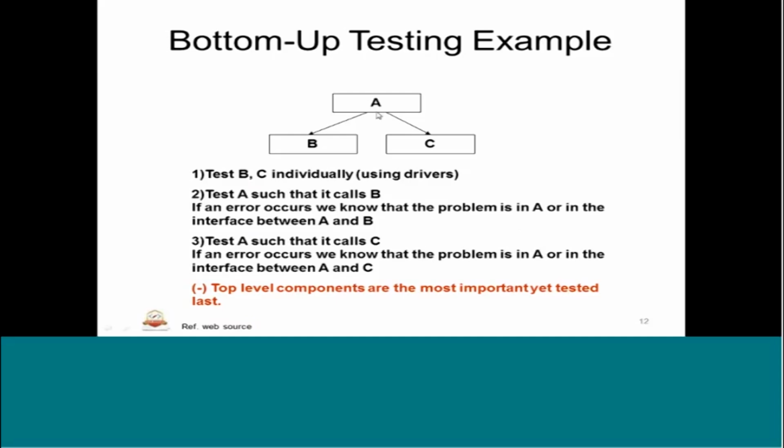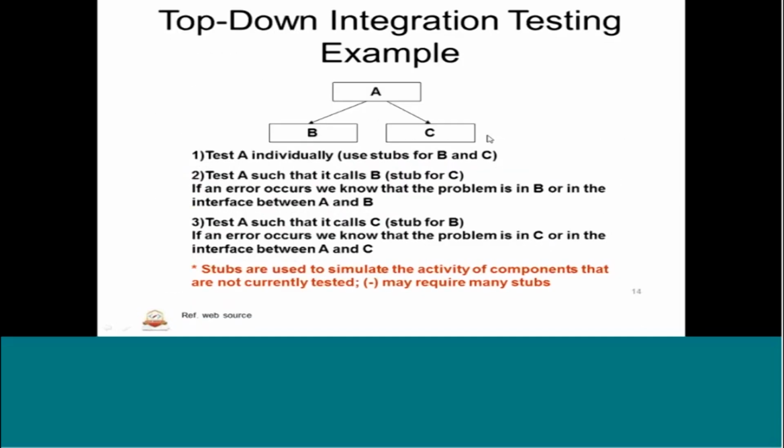Drivers are at the A level because that is going to drive B and C. So in top down, it is the other way, with the help of stubs for B and C. Stubs are used to simulate the activity of components that are not currently tested.